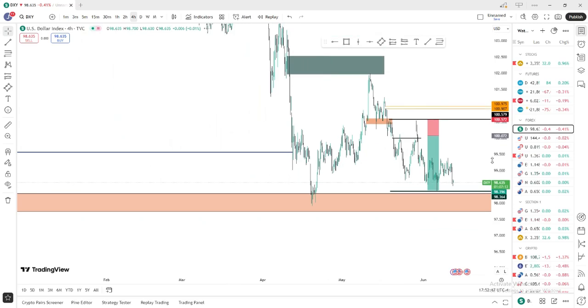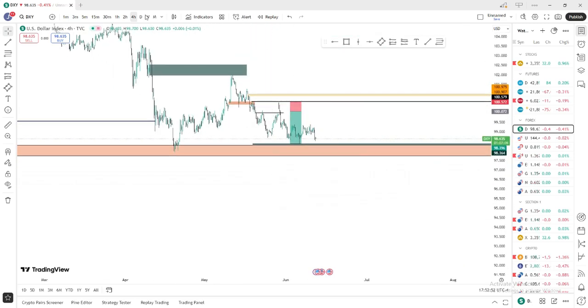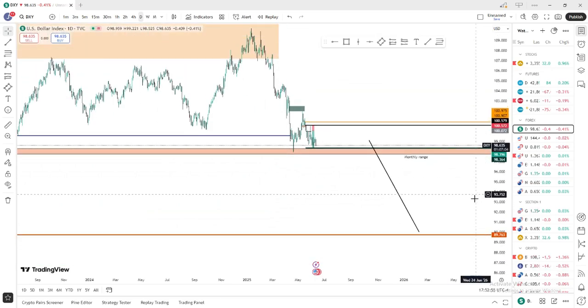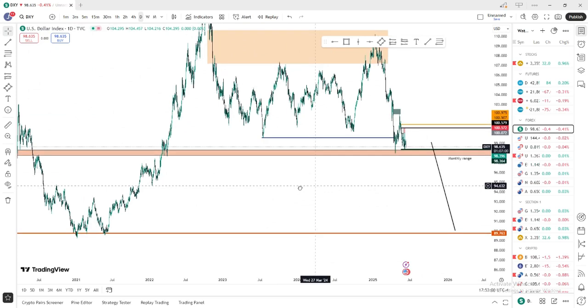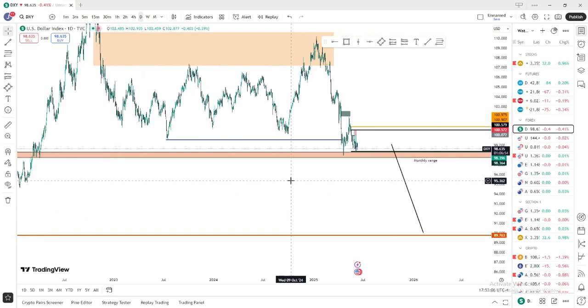But let me show you what I have already on my chart. I'm on the daily. You can see this. Can you see this stuff? So once it breaks down here, maybe it might come down here, retest, and bang.